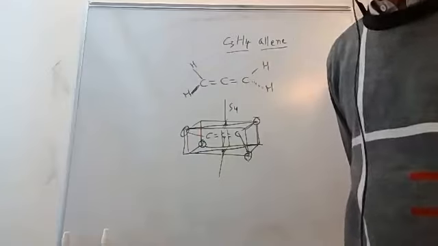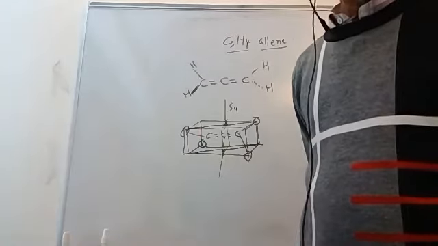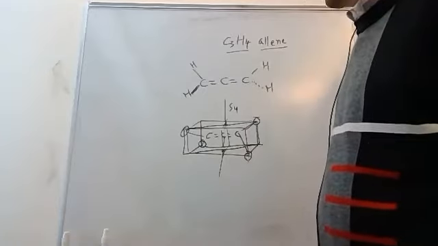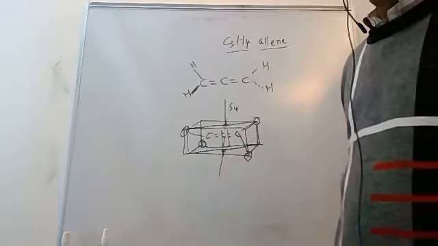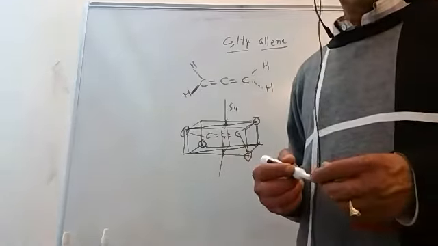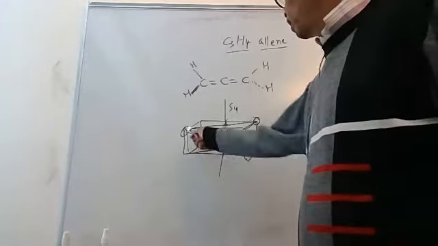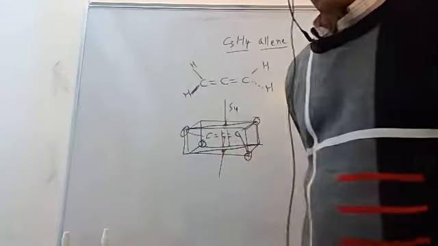So you have 2 reflection planes here. Would the second reflection plane be the bottom 2 hydrogens? Correct. Encompassing those? Yes. In other words, the reflection plane contains 2 hydrogen atoms. And the next one contains these 2 hydrogen atoms.